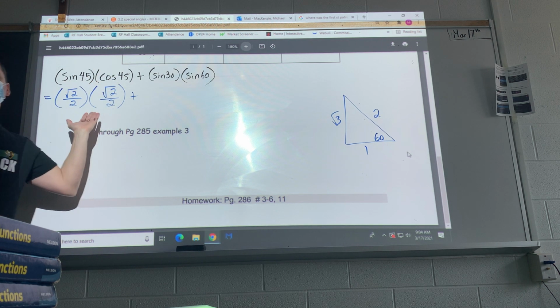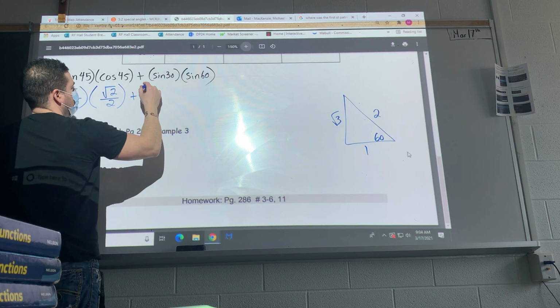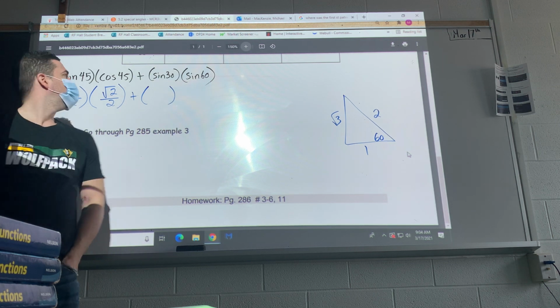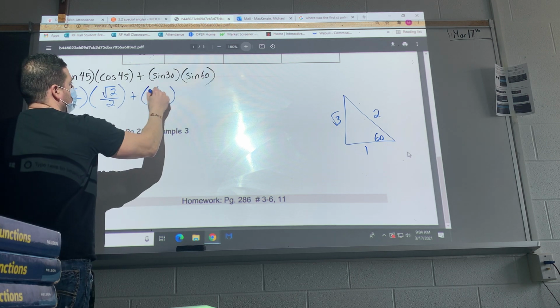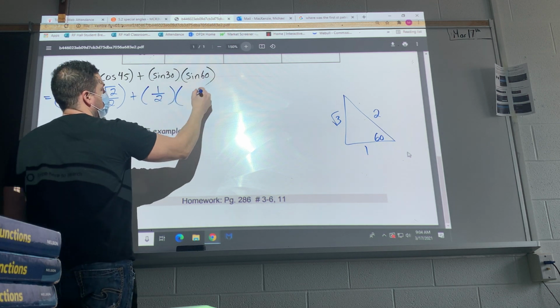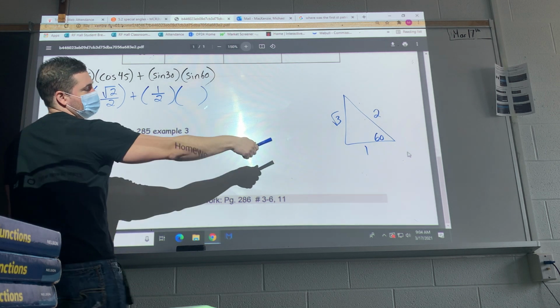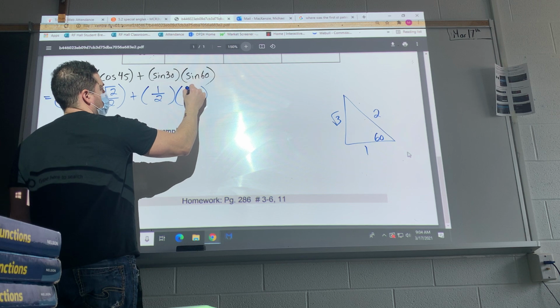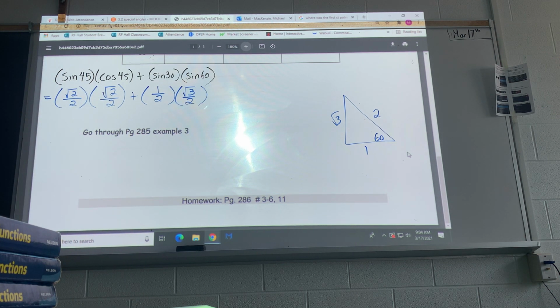And again, you do a ton of these in grade 12. Sine 30 is 1 over 2. And sine 60 would be root 3 over 2, right? Okay, so we're just substituting the values in.